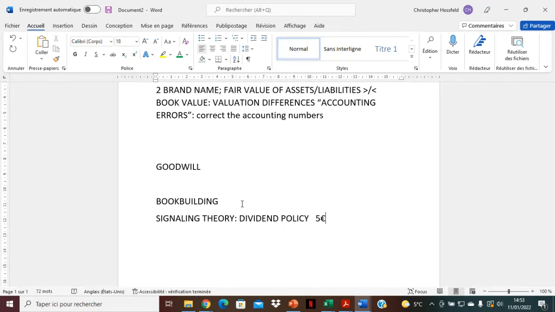Therefore, if one day the company decides to increase the dividends to 6 euros, the market will take this as a signal. Because the management would only propose an increase in dividends if the management thinks that in the future they will be able to deliver 6 euros every year.